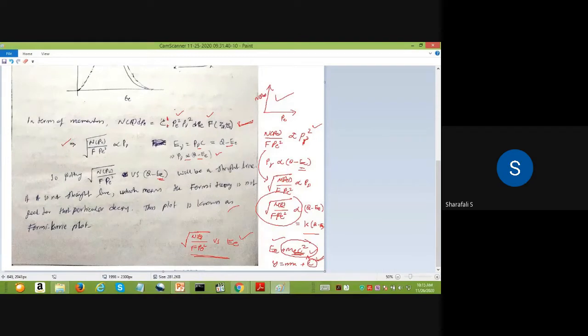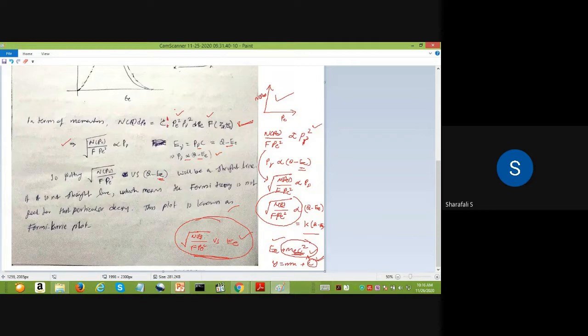So if it is coming as a straight line, from our analysis we see that it has to be a straight line if the Fermi theory is true. So if you draw for different experimental results this N of p_e by f p_e square versus E_e, that is the root of the first value, then you will get a straight line if it holds the Fermi theory of beta decay.